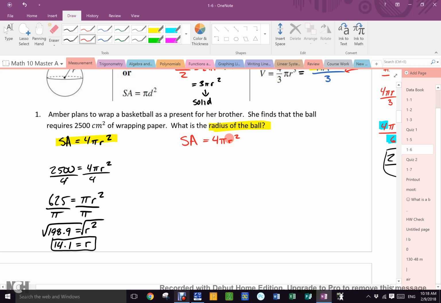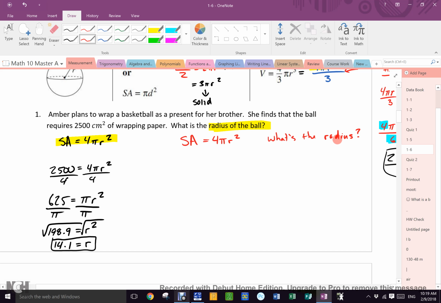And for some reason, that causes you guys problems, even though it's the exact same thing as what we did in red. If I gave you no numbers and I said, what's the radius? What would you do? Have a panic attack? You would have a panic attack. But it's the same thing, isn't it? When I say what's the radius, that means I got to get r by itself, yeah?